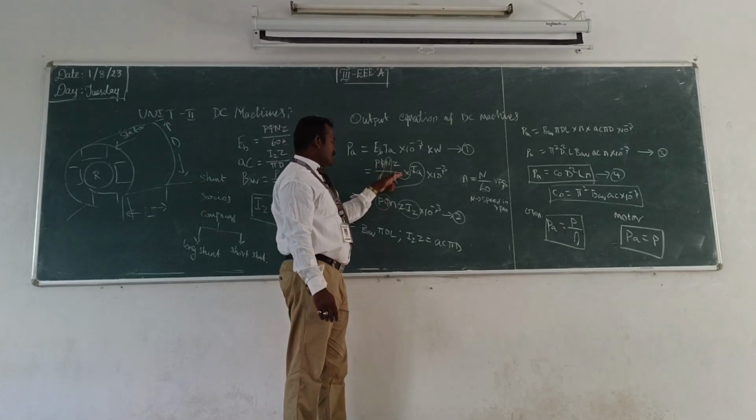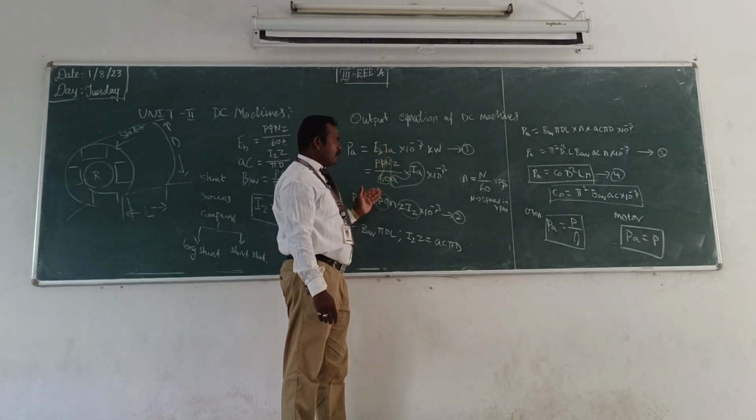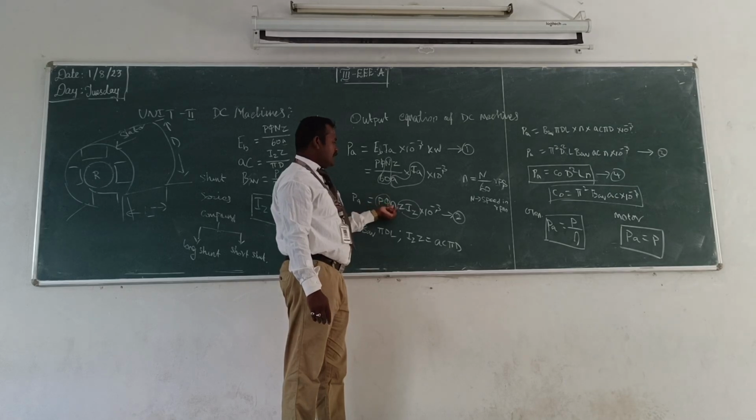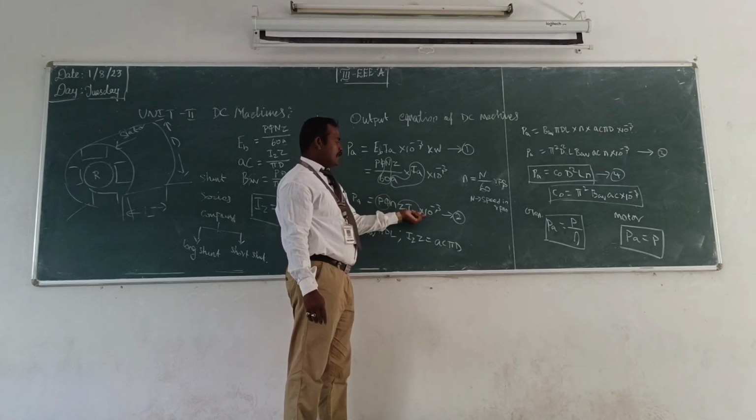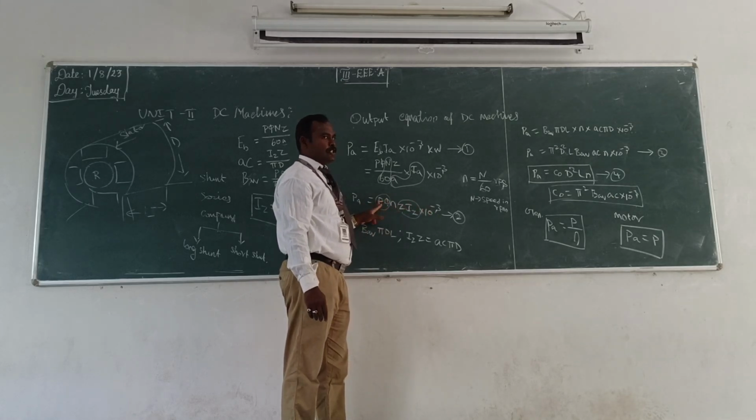After replacing these two expressions, equation 1 is modified as P phi n Z into Iz into 10 power minus 3, equation 2.